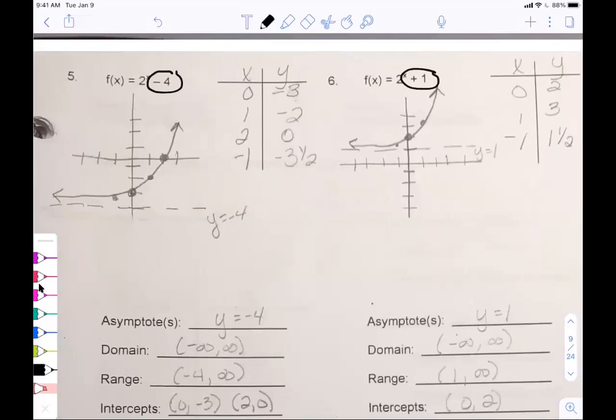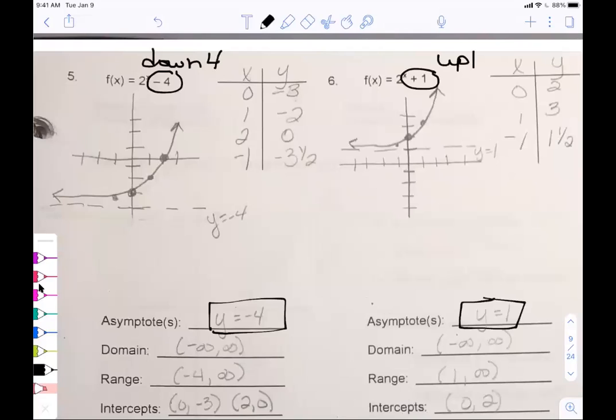And that's where our asymptote lies, because it's moving up or down. Even though it's a horizontal asymptote, because it's in y equals form, it's that vertical shift, the horizontal line shifting up or down. So this graph is shifting down 4, which corresponds directly with that horizontal asymptote. Number 6 is shifting up 1, and again, that corresponds directly with our horizontal asymptote.